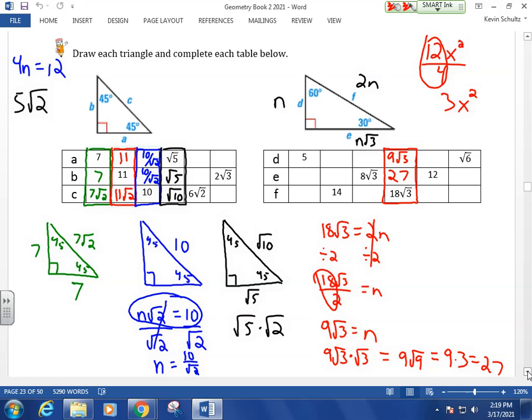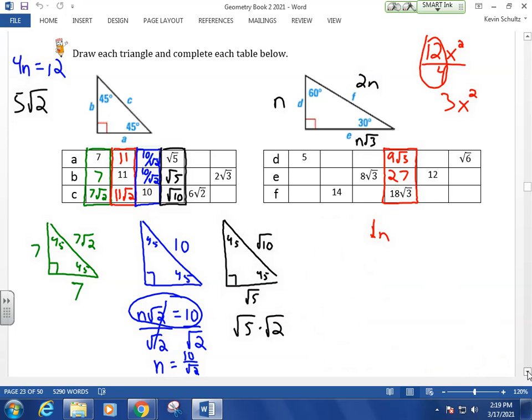Another one you want to go over from that 30, 60, 90 bunch. Elise: The one with the 12. Sure. Let me erase all this stuff here. Okay, so the one with the 12, we're given side E, which is our long leg, so kind of drawing this out here.